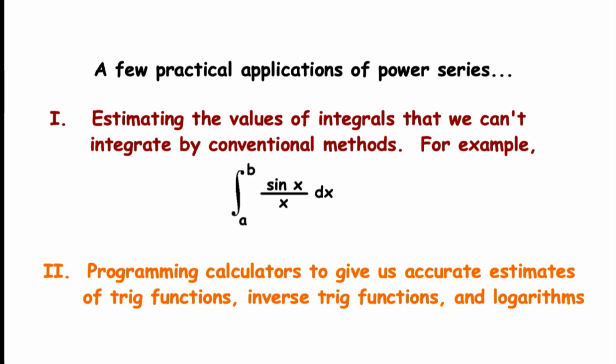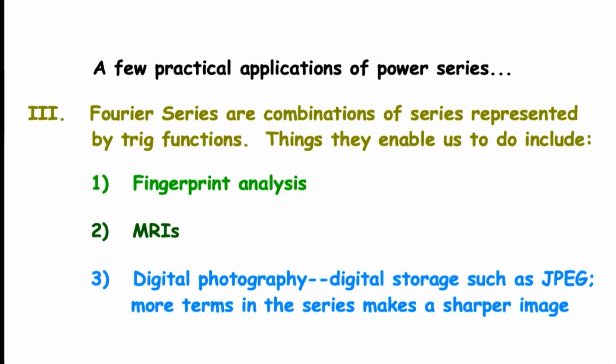But it's not just about integrating or programming calculators. The Fourier series, which is a very practical power series, has a lot of applications. You can analyze people's fingerprints using power series. Power series are behind the scenes in the setup of MRIs. In fact, a good friend of mine lives just outside of Youngstown in Austintown.